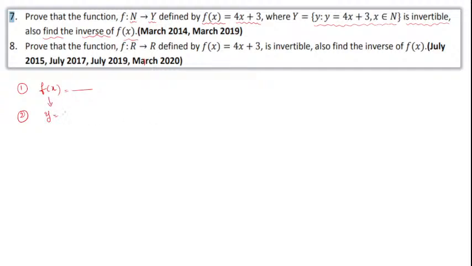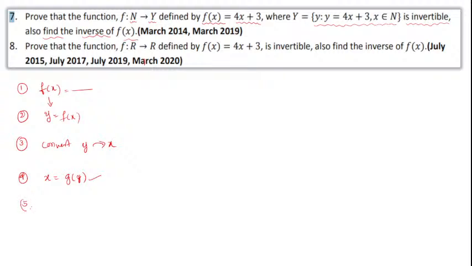So write y is equal to f of x. In the third step, express y in terms of x. In the fourth step, after finding the x value, write it as g of y. I will tell you why. So write x equal to g of y.